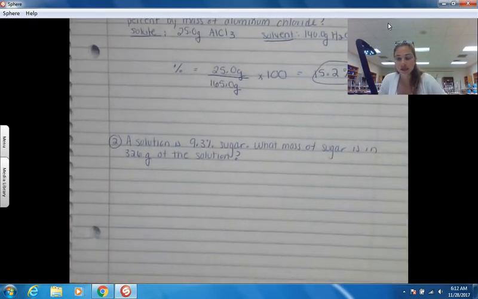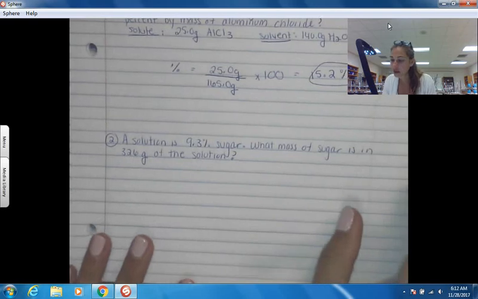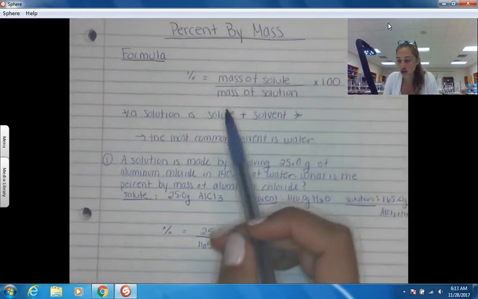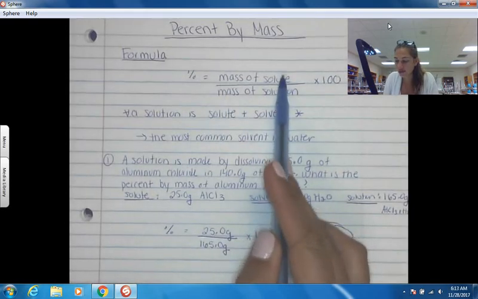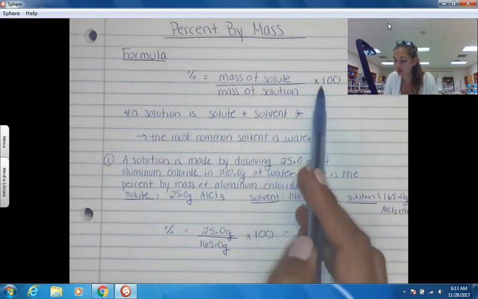Here it says a solution is 9.3% sugar. What mass of sugar is in 326 grams of the solution? So if we go back to our equation, we have percent is equal to mass of solute over mass of solution times 100.